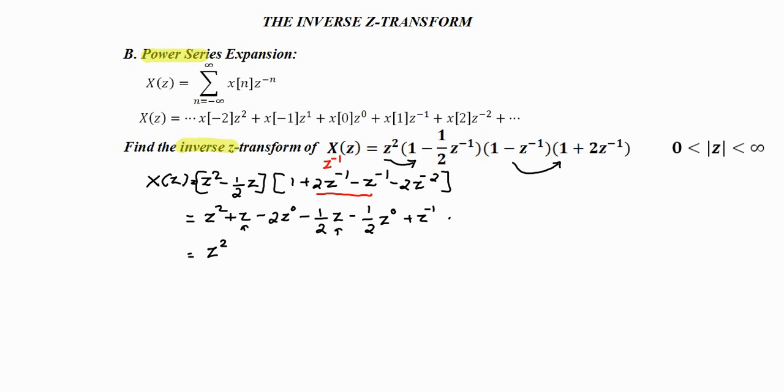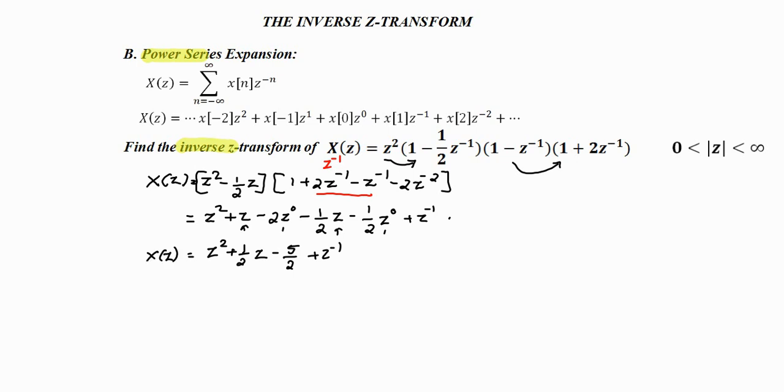So it becomes plus 1 by 2 z minus 5 by 2, because z raised to 0 is 1 here and also 1 here, so I get 5 by 2, plus z raised to minus 1. So we got x of z.